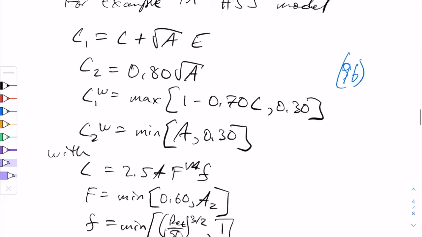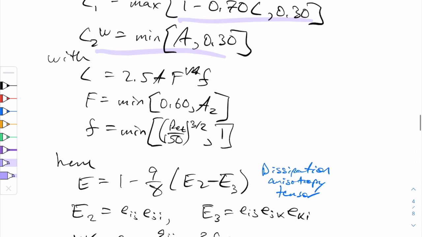So I'll just list their constants here. We have C1 equals C squared A E, C2 equals 0.80 squared A, C1w equals the max of 1 minus 0.7 C, or 0.3, and Cw is the minimum of A and 0.3. What's A and E? I'll show that in a second.